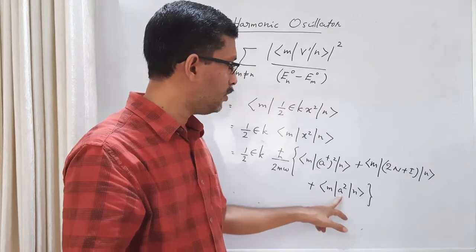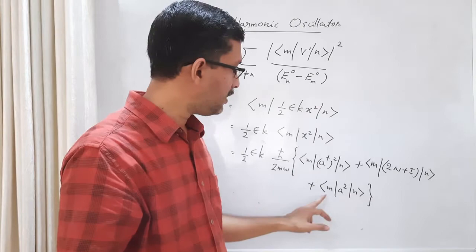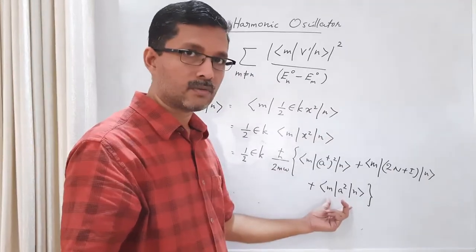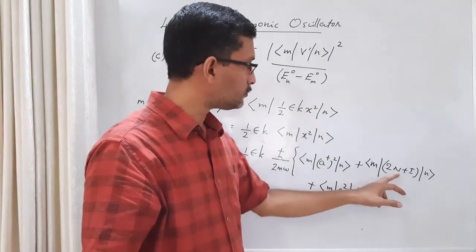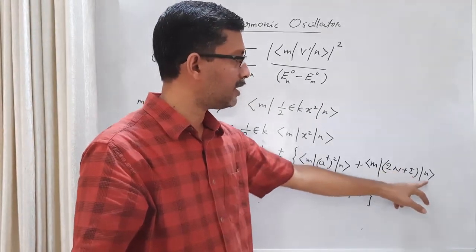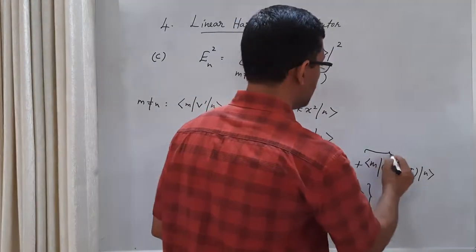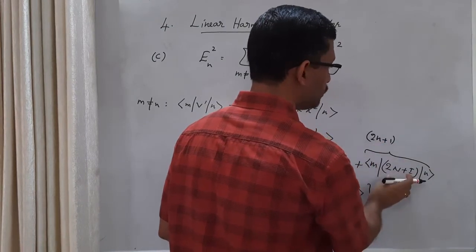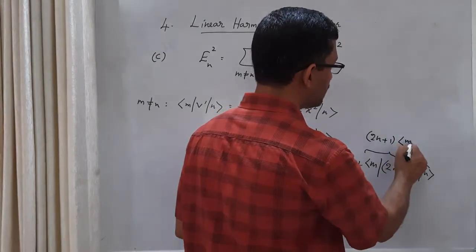Similarly, when a acts twice on n, we will get the n minus 2 state. When m has an inner product with n minus 2, this can be non-zero because m is different from n. What about this one? The 2n plus 1 acts on n and we will get 2n plus 1 as the eigenvalue. If you take that outside, you get <m|n>.